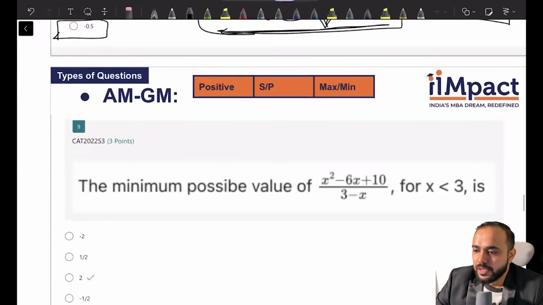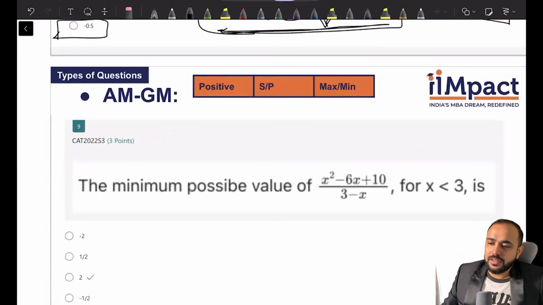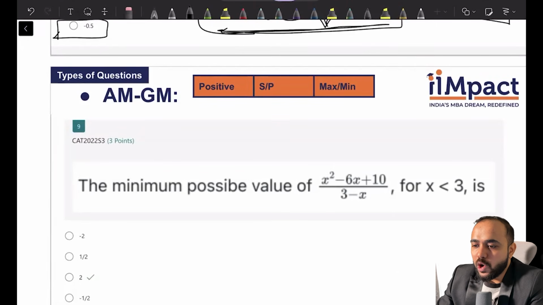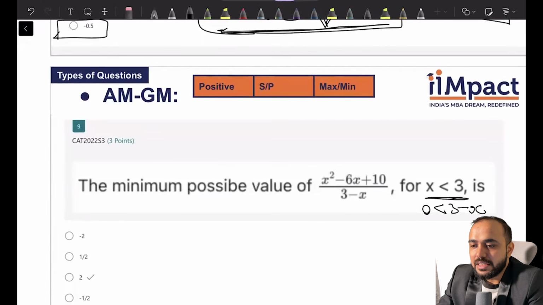All right, moving on. The minimum possible value of x square minus 6x plus 10 divided by 3 minus x for x less than 3. Is the positive constraint hidden? Yes, it is hidden, but it is not hidden sufficiently. Basically, this can be written as 0 is less than 3 minus x. Basically, 3 minus x is greater than 0.